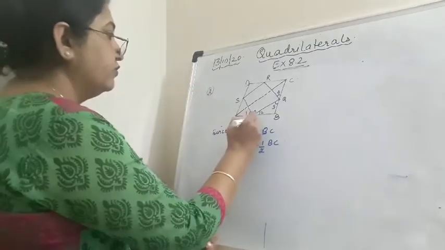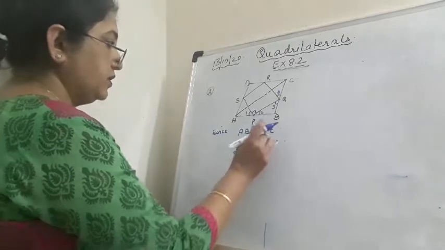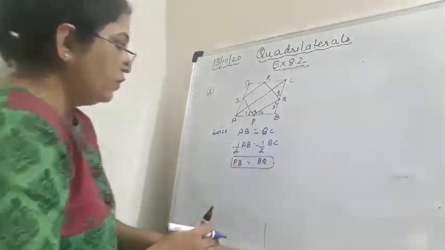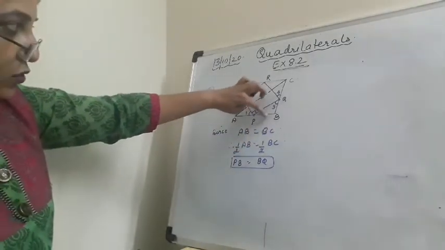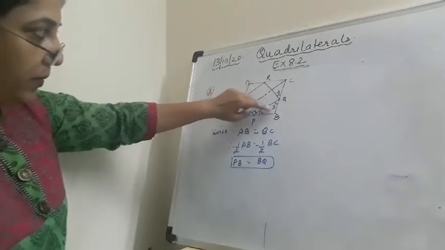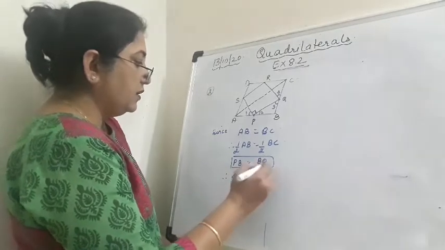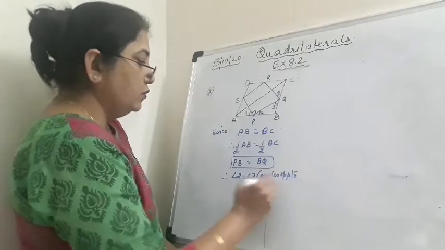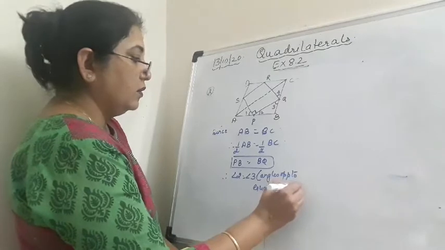What is half of AB? PB. What is half of BC? BQ. Now when you have got PB equal to BQ, these two sides in a triangle are equal, therefore angle 2 will be equal to angle 3. What is the reason? Angles opposite two equal sides are equal.